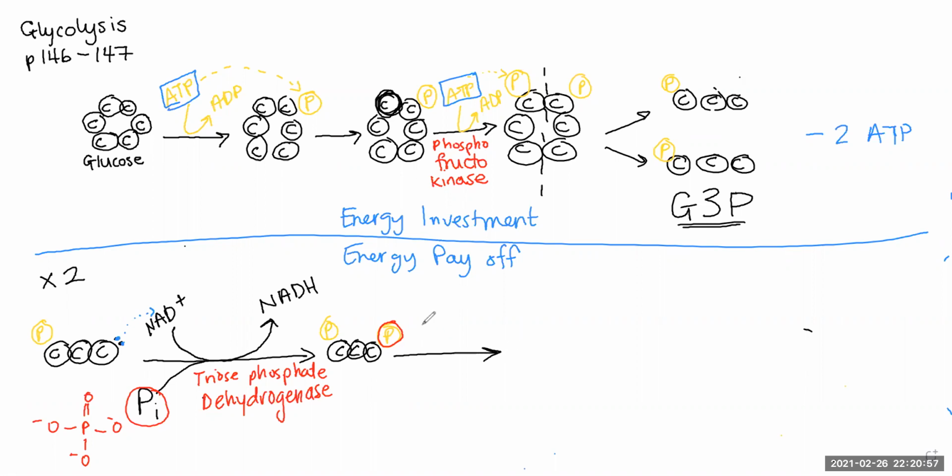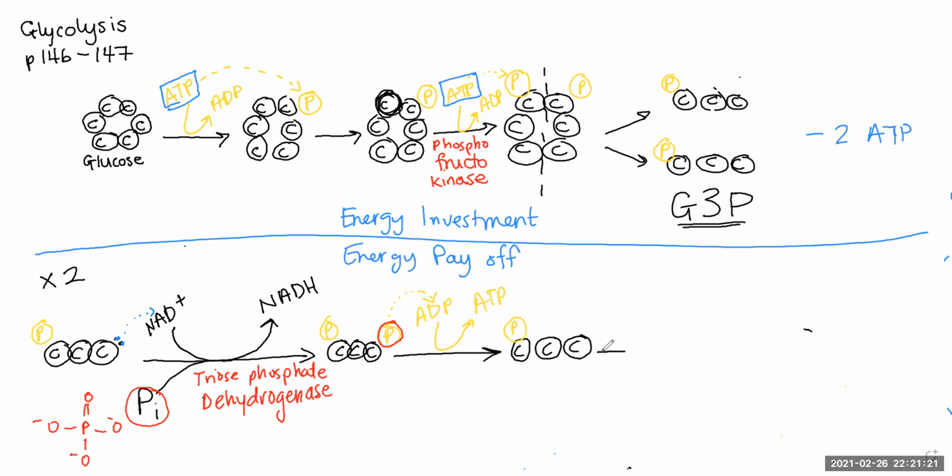But I wanted you to pay attention to the arrow here. Now we're taking an ADP, we're going to take this sugar, give it to the ADP, which makes ATP.